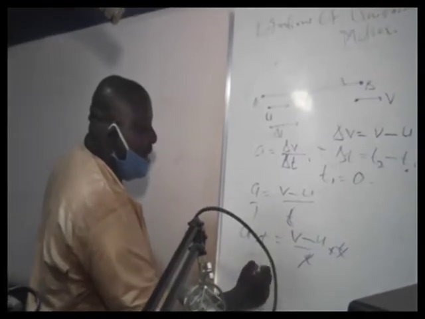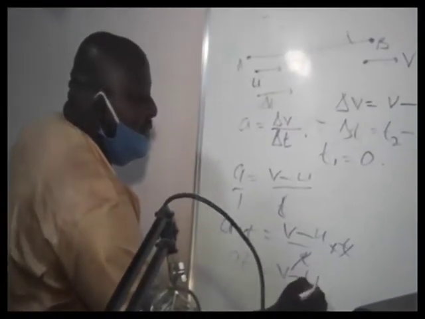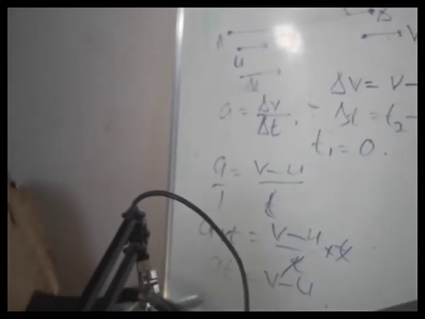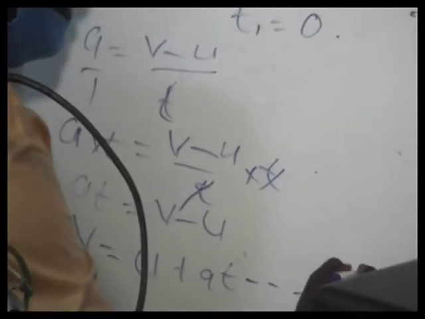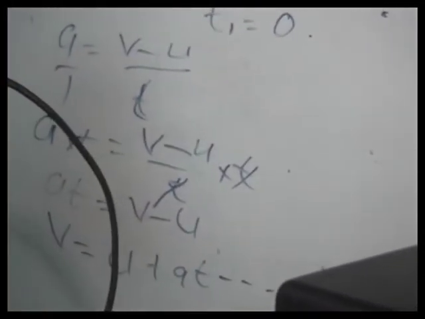So acceleration multiplied by time equals v minus u. Now we make v, which is the final velocity, the subject of the formula. And here we have v equals u plus at. And this gives us the first equation of motion. That's the final velocity equals initial velocity plus acceleration of the body multiplied by the time taken.